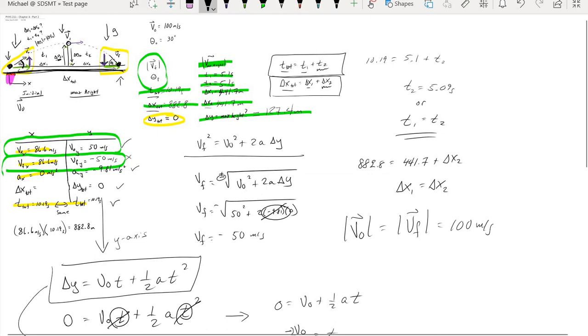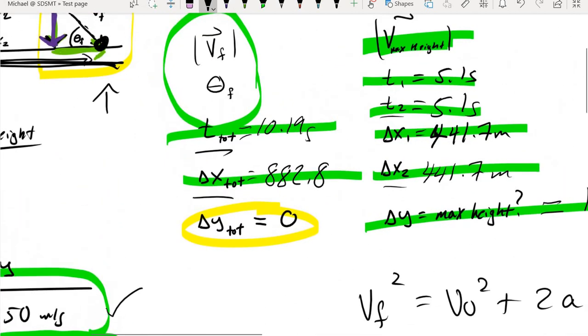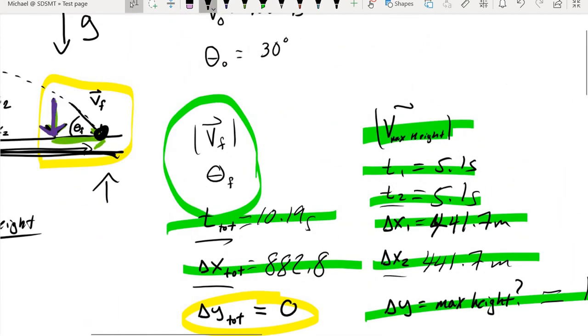They're both 100 meters per second. The only difference that you're going to find is in the angle, where the initial velocity vector had an angle of positive 30 degrees. Look at the direction that the final velocity vector is pointing. Well, with respect to the x-axis, that would be a negative 30 degrees.